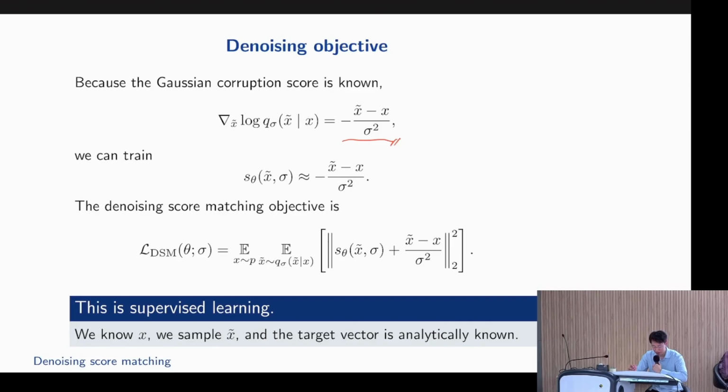So in denoising score matching, the objective is: you sample your training data, Gaussian corrupt it, let's call it x tilde, and train a neural network that takes as input the corrupted x tilde and the noise level sigma, and trains with an MSE target, which is the conditional score function.